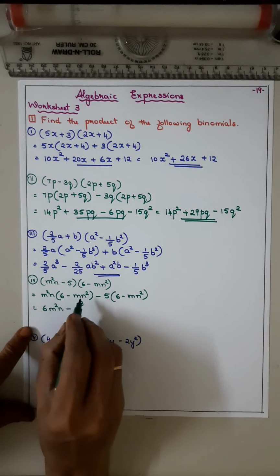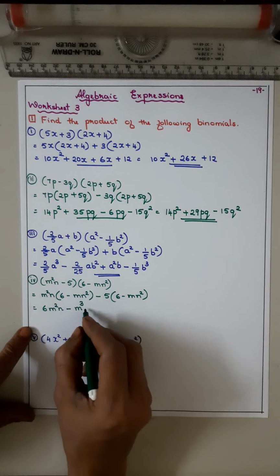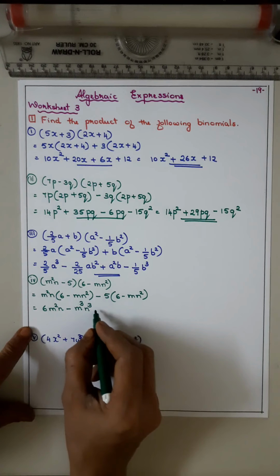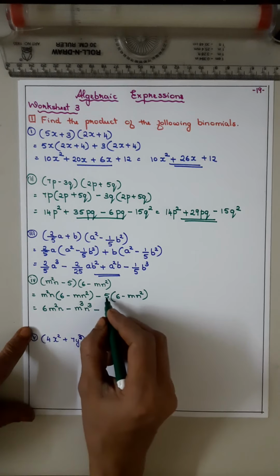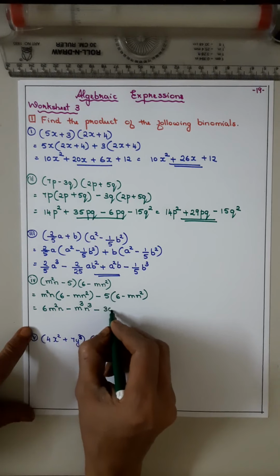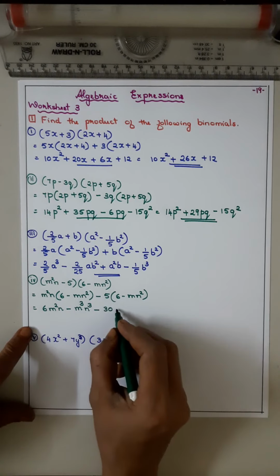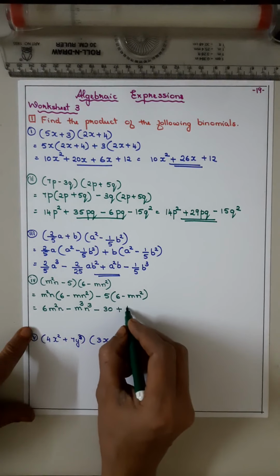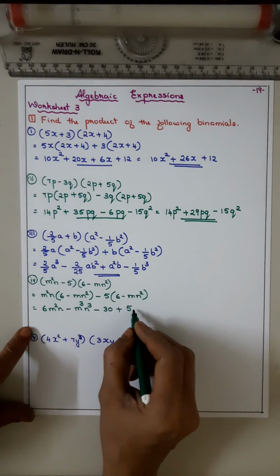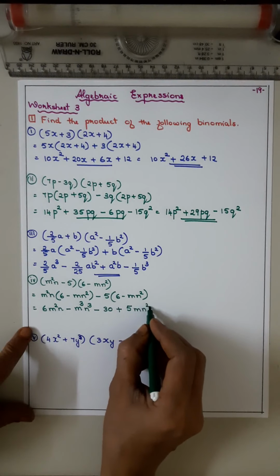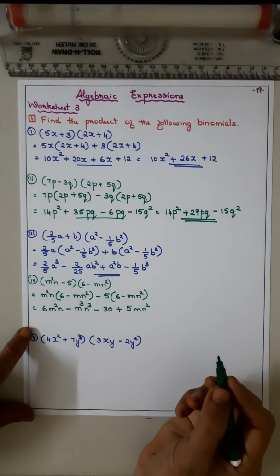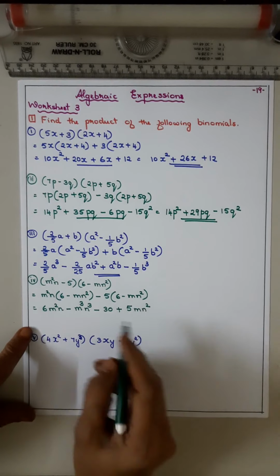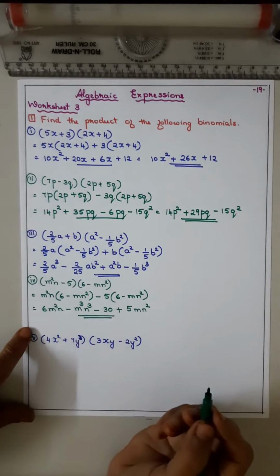Now n and n squared, again n cube. Now minus plus minus, 5 6 are 30, minus minus plus, and now 5 1s are 5 m n squared. No like terms. This is m squared n, this is m n squared. So this is the final answer.